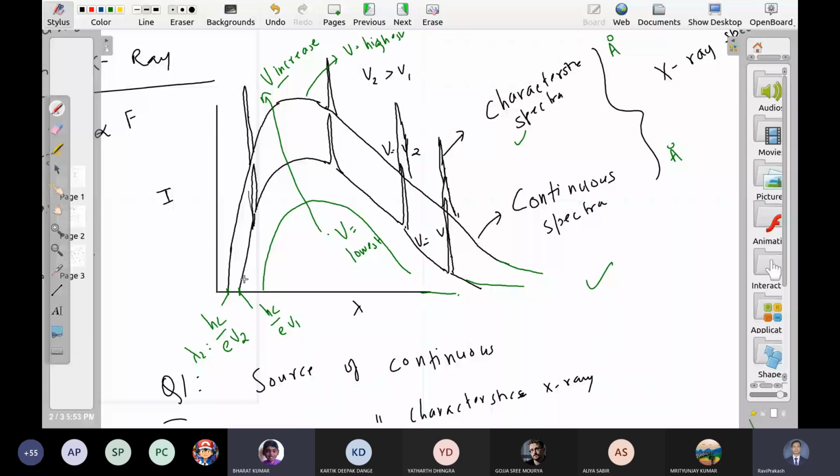Sir, what can be the lowest lambda? It depends on the applied potential. So this is the lowest value. It completely depends on what potential you applied.